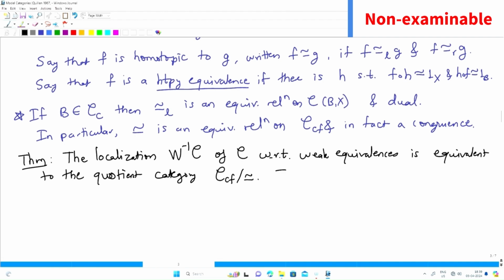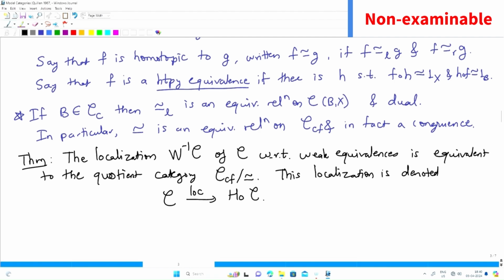Yeah, this localization is denoted, I will write C and loc. I don't want to give it some other name. Usually people use gamma and HOSI.